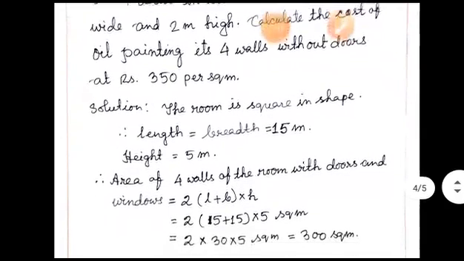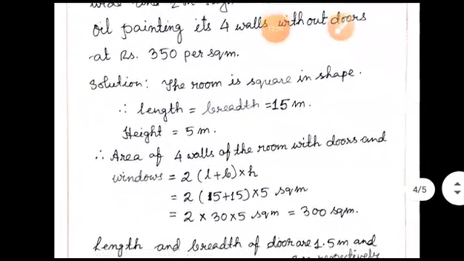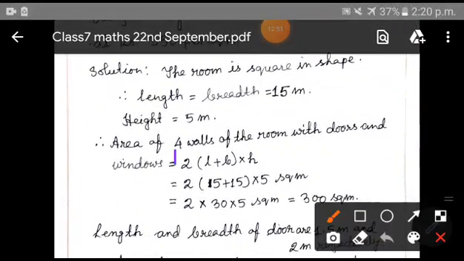So the area of the 4 walls of the room with the doors, you will calculate using the formula 2 into (length plus breadth) into height. Length and breadth are both equal, since the room is square in shape.